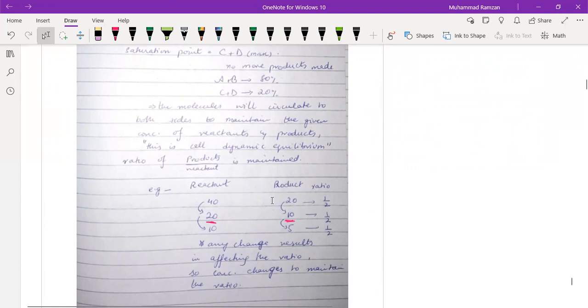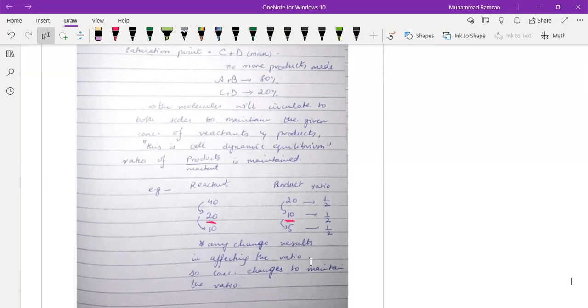The ratio is the same, but the figures 20, 40 change, meaning the concentration changes. Concentration and pressure are the same in sense. That's why changing concentration or changing pressure would not affect Kc or Kp.